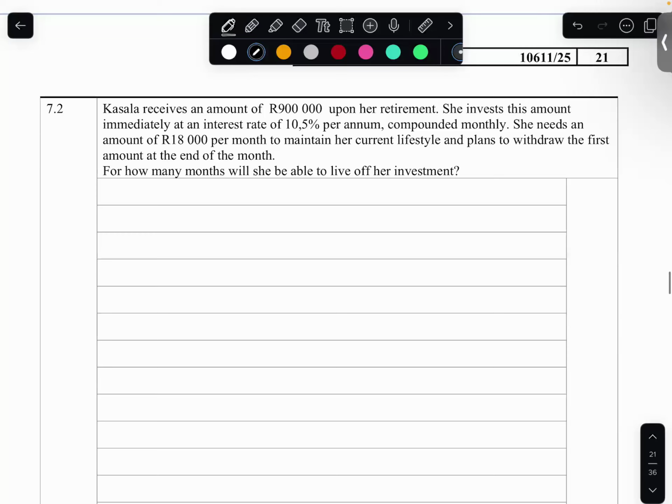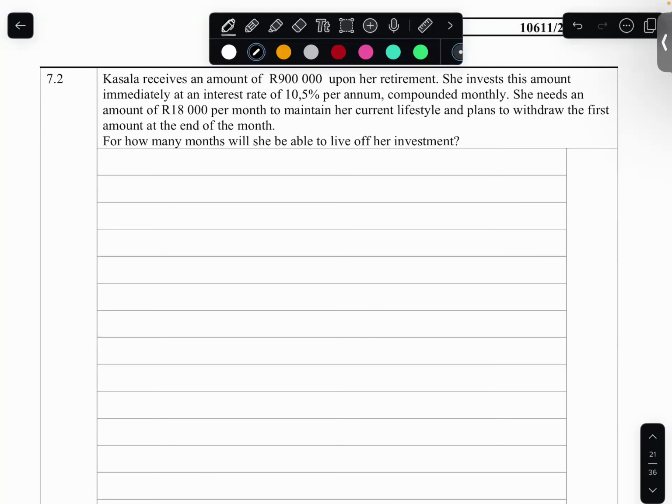Okay. Right. Kasala receives an amount of 900,000 upon her retirement. She invests this amount immediately. Right. This is a lump sum that she is receiving in the present, today, which means you have to use the present value formula.